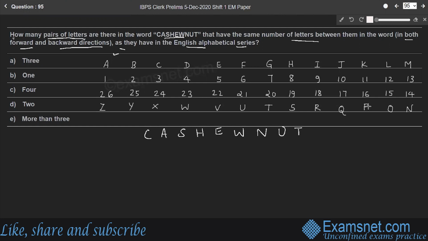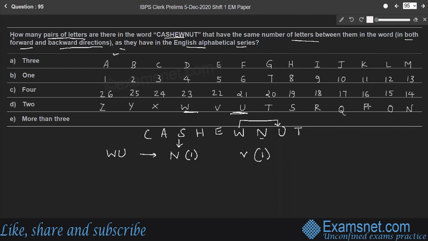Here one pair I'll consider is W and U. In the given word, in the W and U pair, the number of letters between them is 1, right? Which is N. There is one letter in the given word. In the actual alphabetical series between W and U, there is the letter V. There is also one letter.